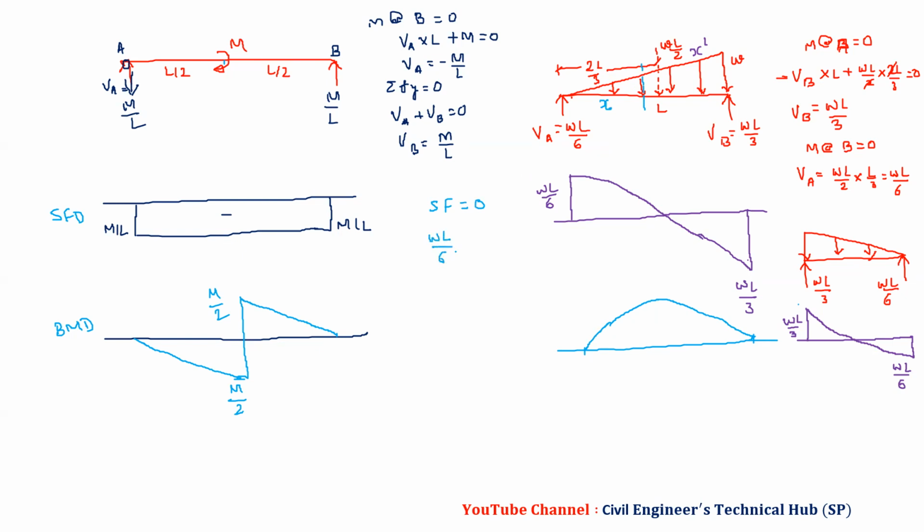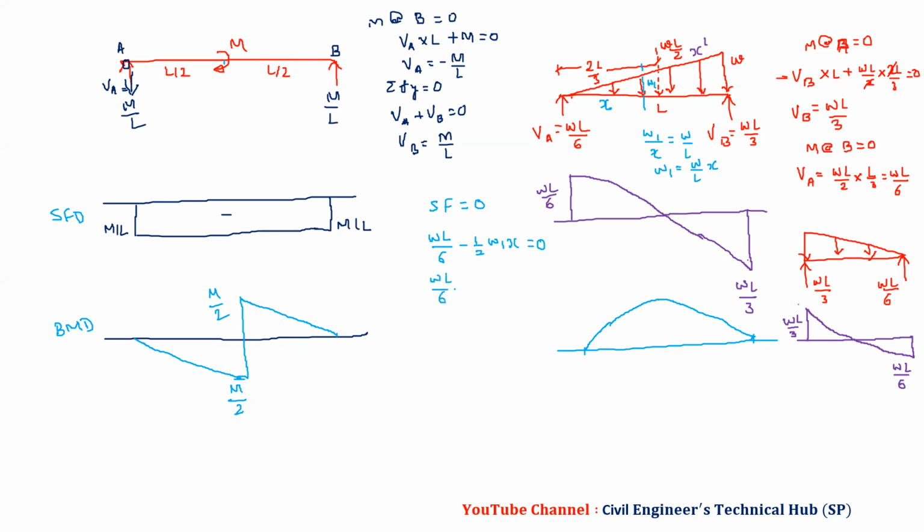If I write shear force equal to 0, then what do we get? WL by 6, which is VA, minus 1 half. Then we consider this as W1, and we have W1 by x equal to W by L, which gives me W1 equal to W by L into x. This is W1, this is vertical. So we have half W1 into x, and W1 we put in.